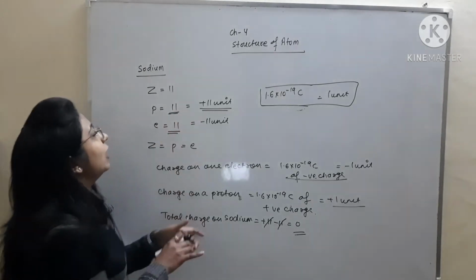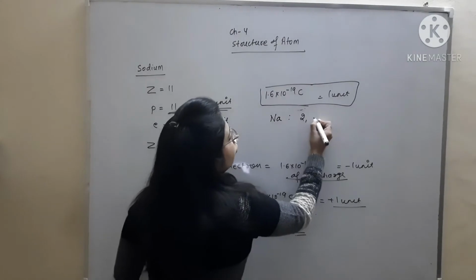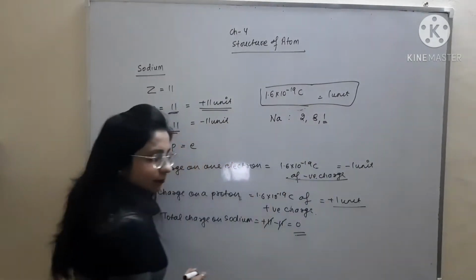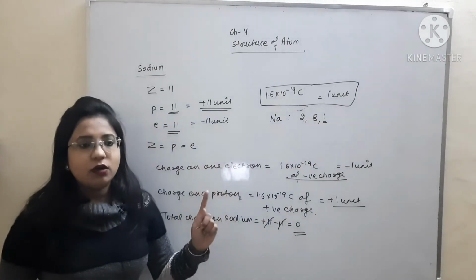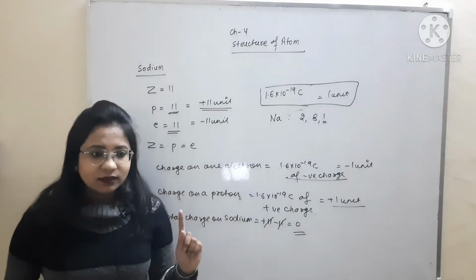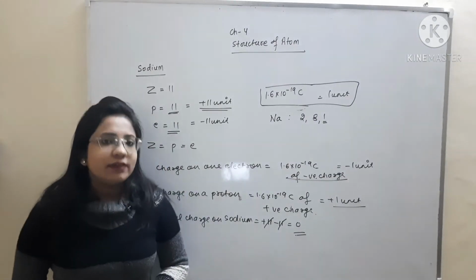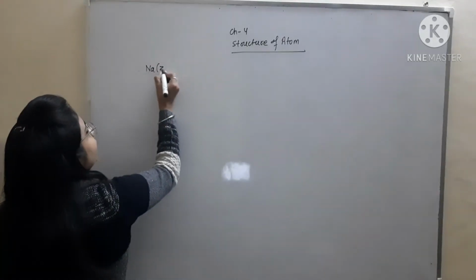Because you know that sodium has the electronic configuration 2, 8, 1. Now, is it stable? It's not at all stable because it has one electron in the last shell. In order to attain stability, it will lose one electron. Sodium has atomic number 11.